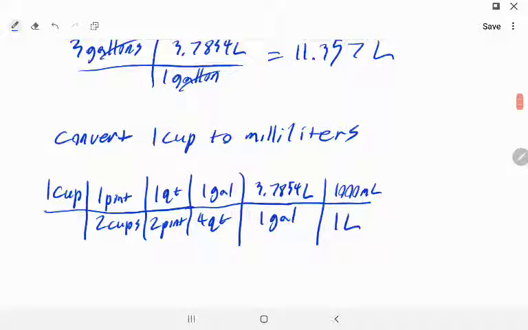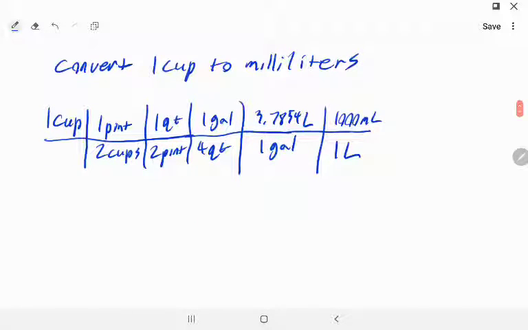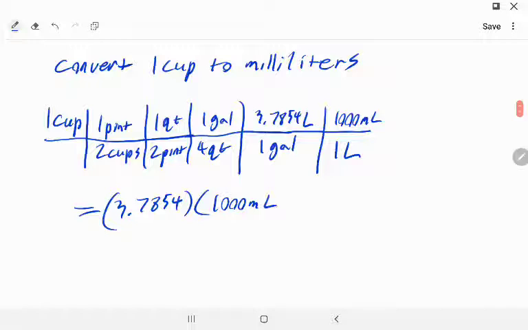And so to convert 1 cup into milliliters, we're really saying 3.7854 times 1,000 milliliters divided by 2 times 2 times 4 gives us 16.